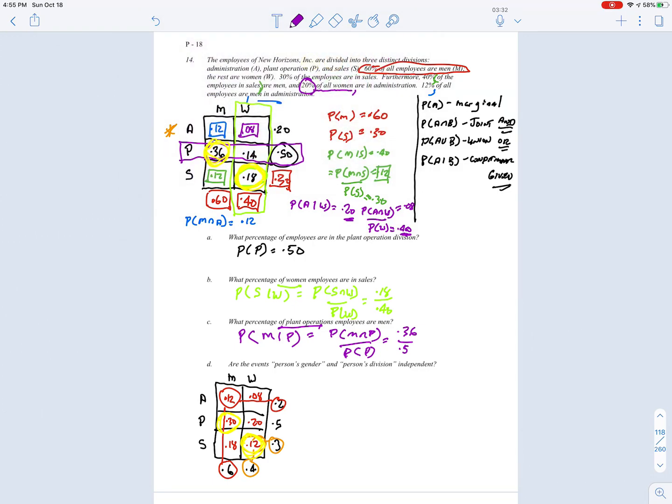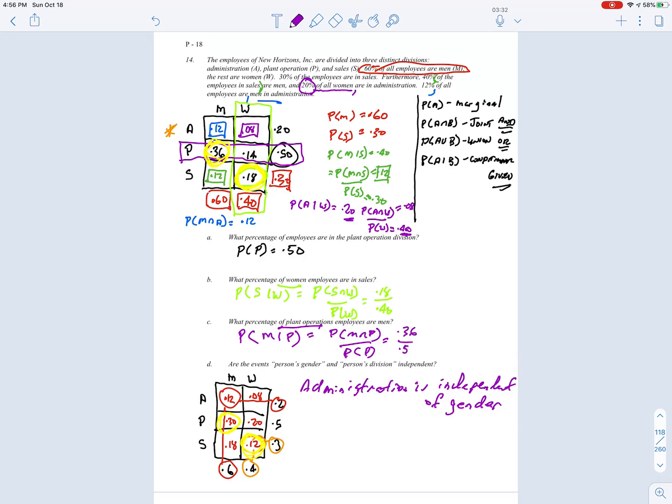So in writing this up, what I would say is this. So administration is independent of gender. So for that row, we have independence. We have 12% and 8%. That's a 60-40 split. And so that's what we've got.